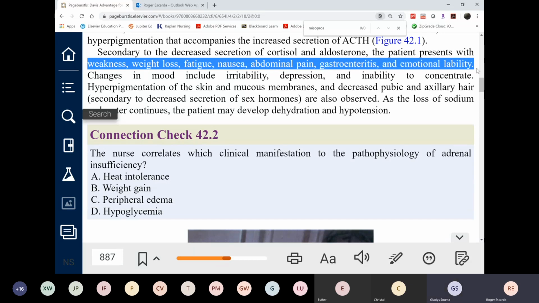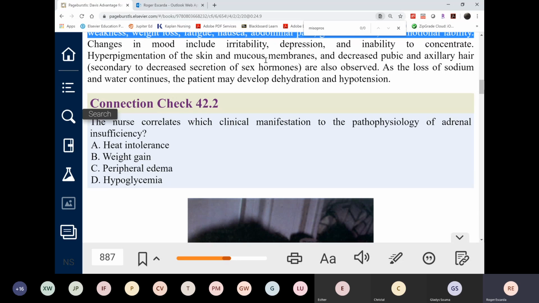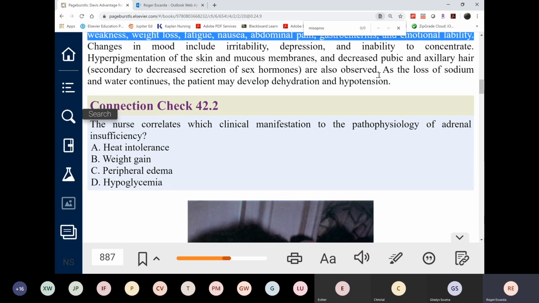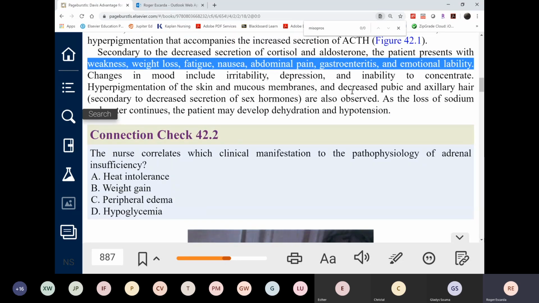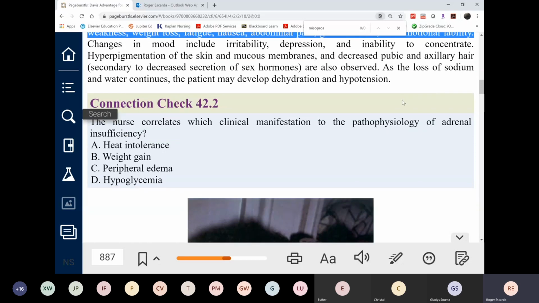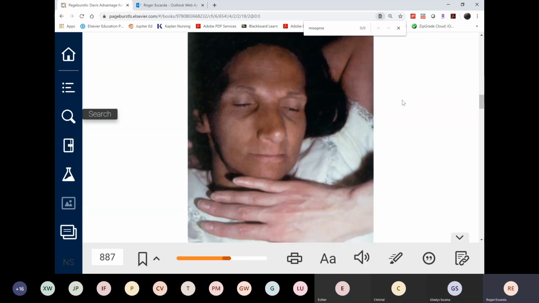The emotional lability here is because of the cortisol, and of course your low female hormones, you know, estrogen's low, so you'll have emotional lability there. And we have the hyperpigmentation, and because you have less female hormones here, you'll have decreased pubic and axillary hair, which is not so bad, right? Unless, you know, some patients don't like it that way.